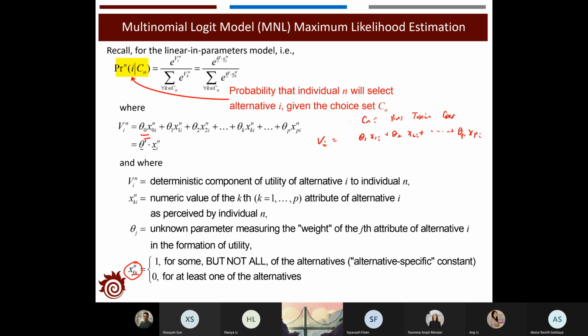For the mode i, for the linear regression, usually we will have the constant term. But as you're going to see, for V1, V2, V3, if they all have the constant term plus something, then it's meaningless, because we just need to check whether V1 is higher than V2 or not.